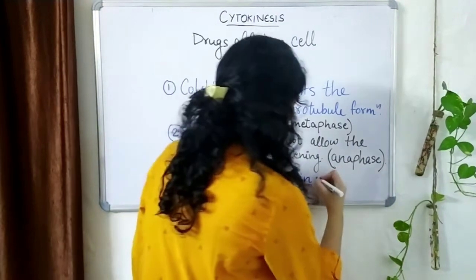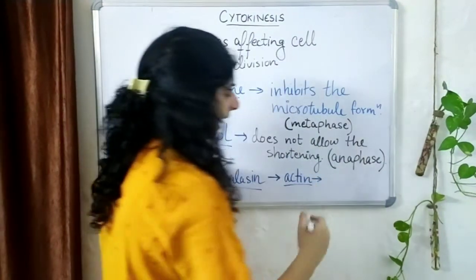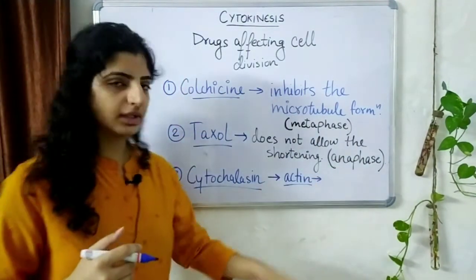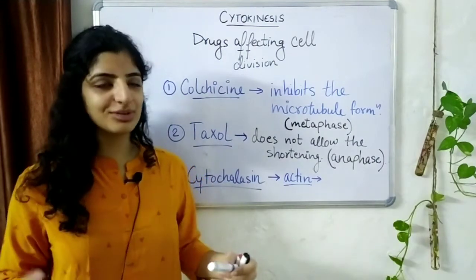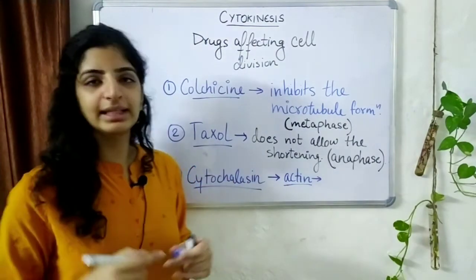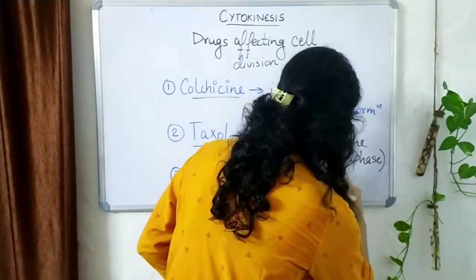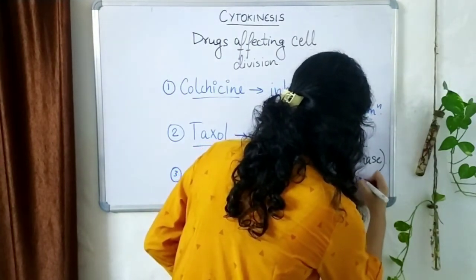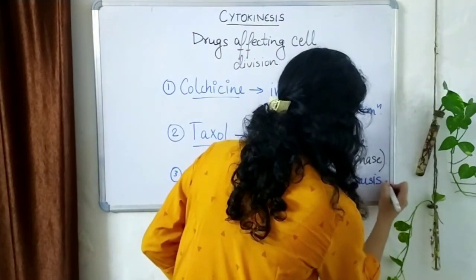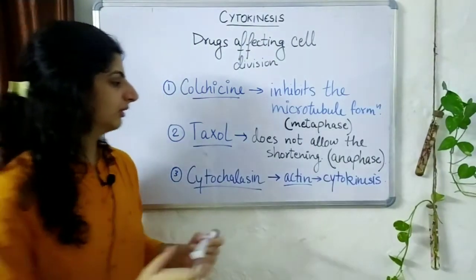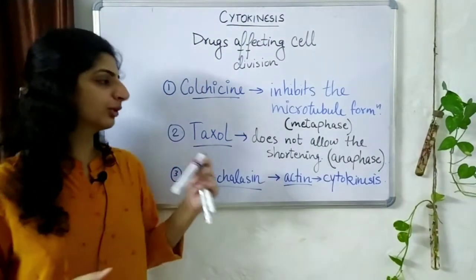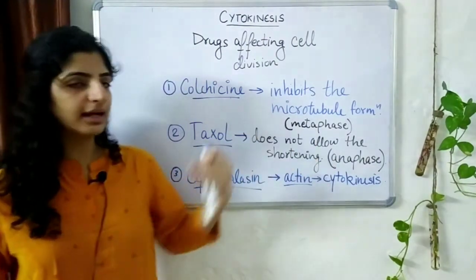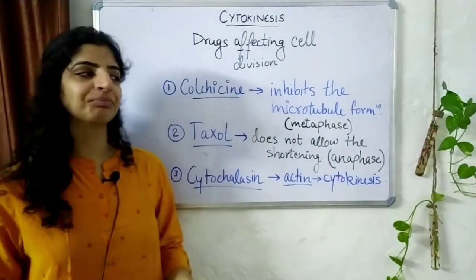It does not allow it. And as actin is not allowed to elongate and contract, it basically inhibits cytokinesis, as actin is a protein that is used both in animal and plant cell cytokinesis.